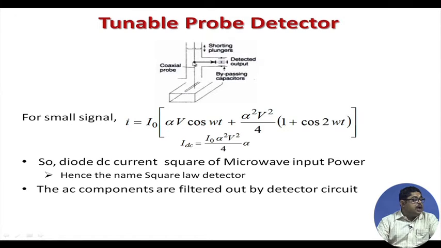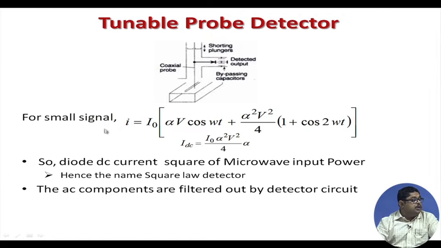By this you can move the penetration depth of the diode, because sometimes you do not get good signal, that time you penetrate it further. But it is always advisable to penetrate it very loosely, because if you penetrate this coaxial probe too much, that field will disturb the actual diode field. But if you do not get signal, that means signal is weak, that time you need to penetrate it further.